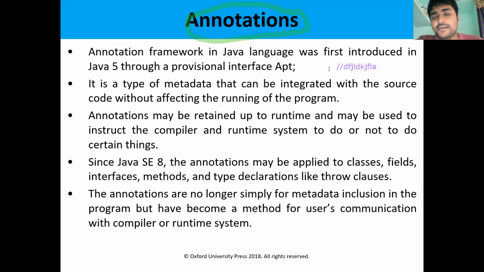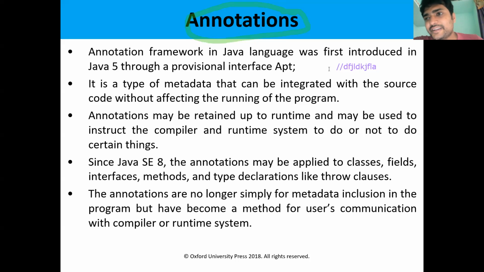There is a meaning for using annotations. So commenting and annotations are different. Commenting is simple: the comment lines cannot be read by the compiler. But annotations can be read by the compiler as well as by the runtime environment, the JVM. So there is a big difference between annotations and commenting.